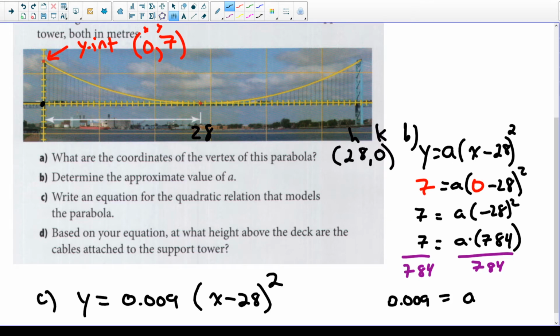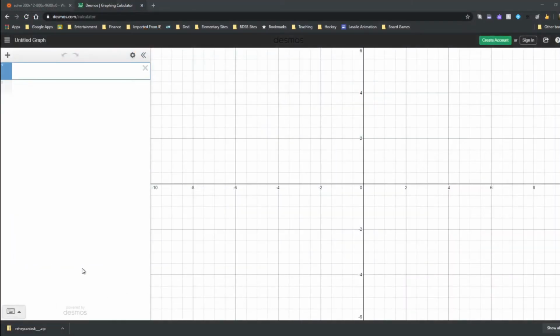Now just to show you what that would look like, let's switch over to our Desmos app and actually graph it.